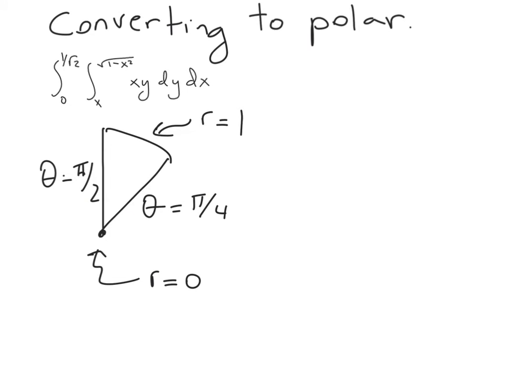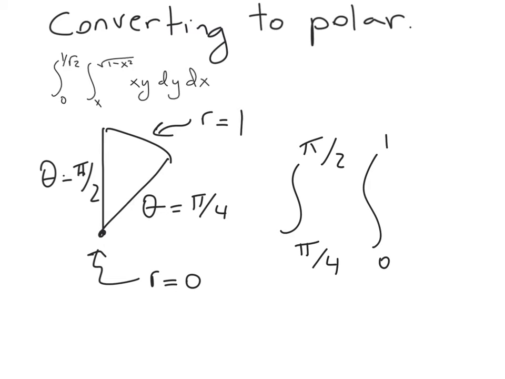We're ready to write our new bounds. The region we're trying to describe extends from theta equals pi over 4 to theta equals pi over 2, and from r equals 0 to r equals 1.